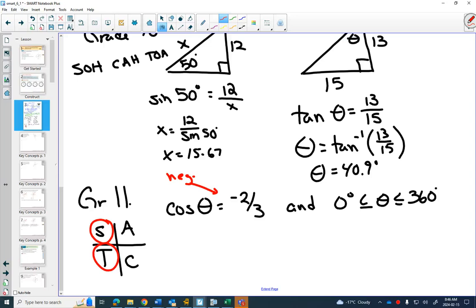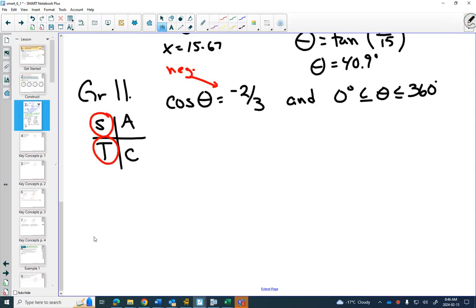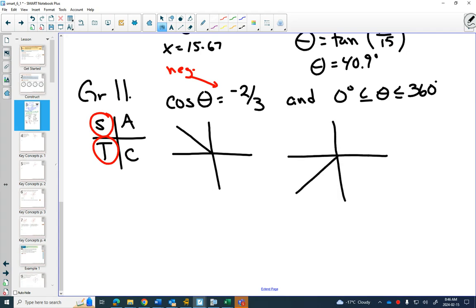And in 3, the T says only tangent is positive in quadrant 3. And sine and cosine need to be negative. And in quadrant 4, of course, only cos is positive. So when we have cos of theta is equal to negative 2/3, it's telling us that we have an angle either in quadrant 2 or an angle in quadrant 3.